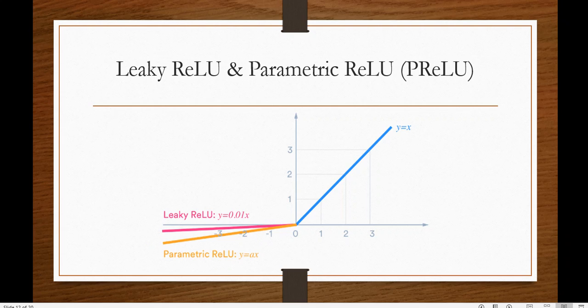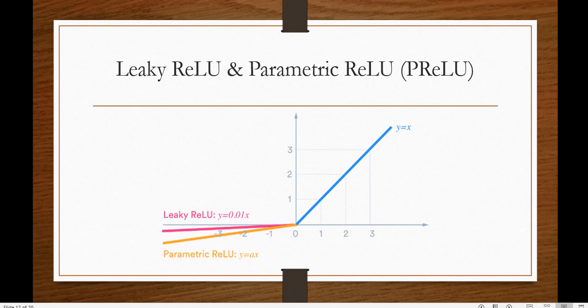Now instead of using, say, 0.01x, where 0.01 is a constant value, if a parameter is used, then this leaky ReLU is known as parametric ReLU, where I have used y equal to ax. So these two are actually the same concept.